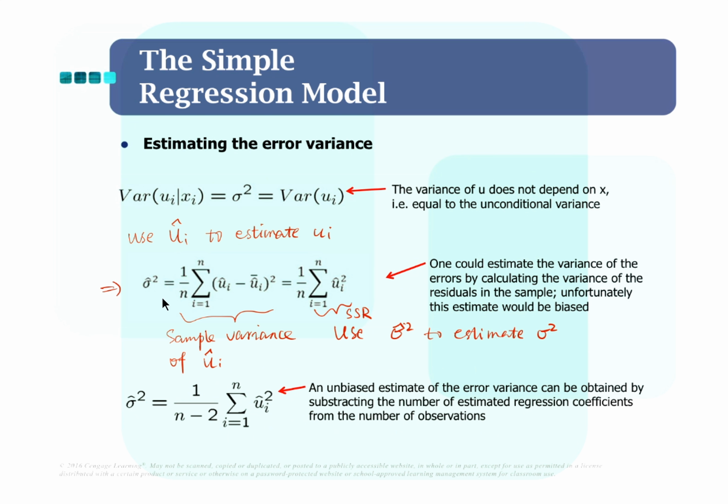But the problem of this estimate is that it is not an unbiased estimate, or in other words, it is biased. So the expectation of this is not equal to sigma squared. So in practice, we construct an unbiased estimator, which is 1 over n minus 2 times the sum of residuals squared.